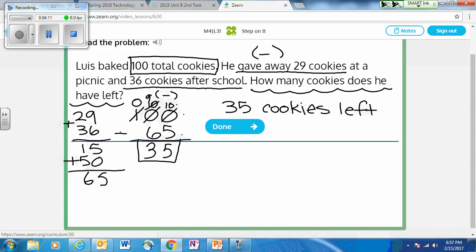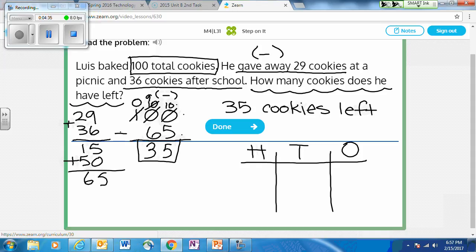Okay, now, we're going to do this another way just to check our work and make sure we have the correct answer. All right. So, we have the place value method. We're going to do the hundreds, tens, and ones way.